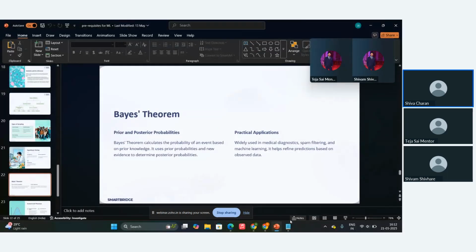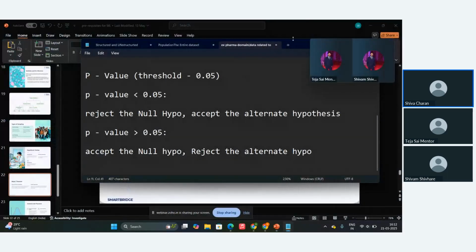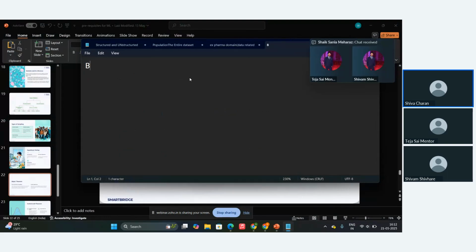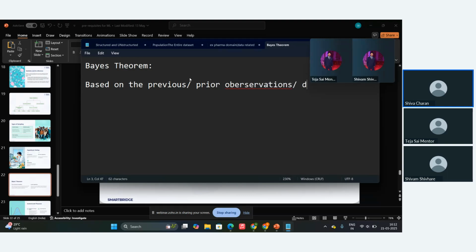Let me just write. So Bayes theorem. What exactly is it?